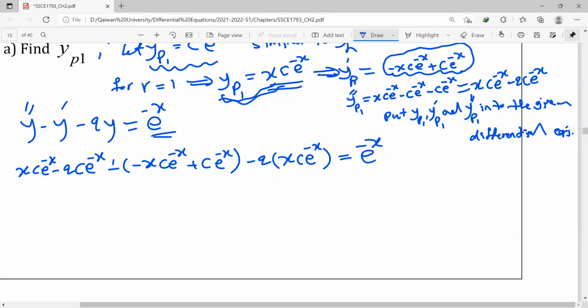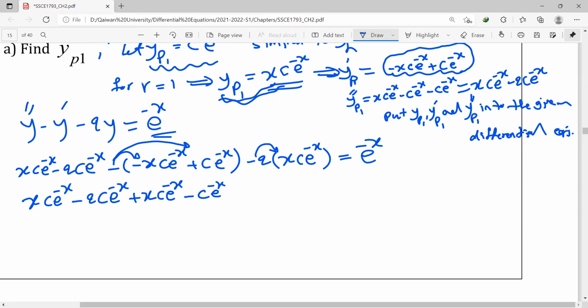First, let's enter this negative sign into the bracket, and also this negative 2 into the bracket. We get x c e to negative x minus 2 c e to negative x plus x c e to negative x minus c e to negative x.